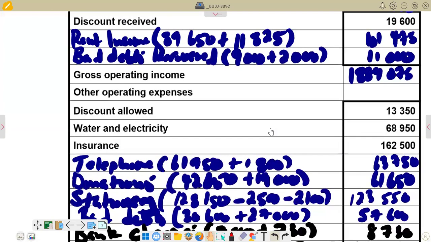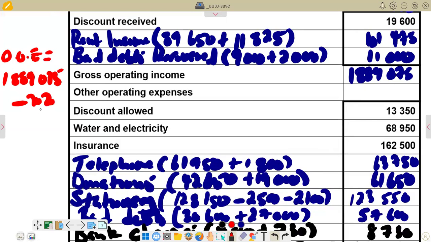We are simply going to take the figure that we have for gross operating income, 1,889,075, and then subtract the figure for operating profit that we got, which is 702,800.